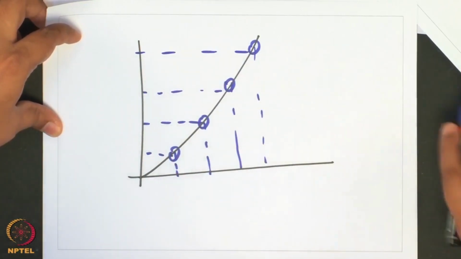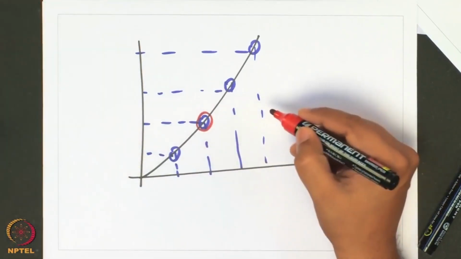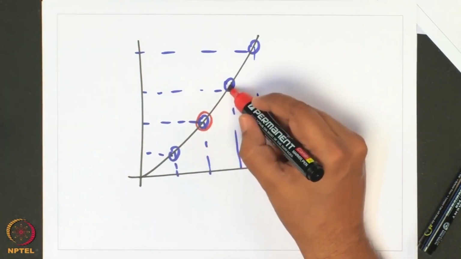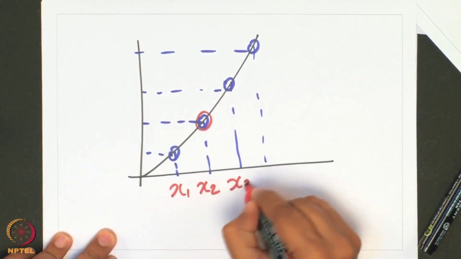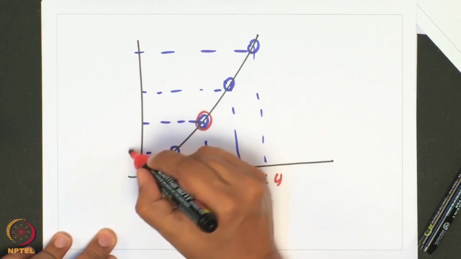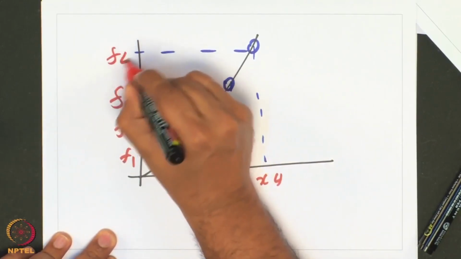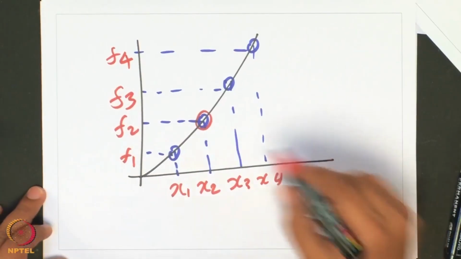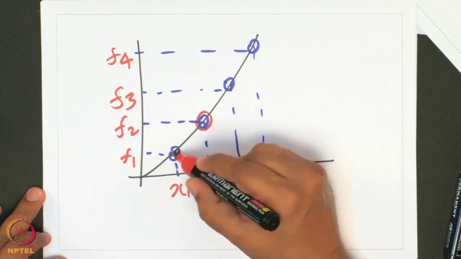If I want to calculate the derivative near this point, I can use this data, that is x1, x2, x3, x4 and f1, f2, f3, f4. I can use x3 or this.